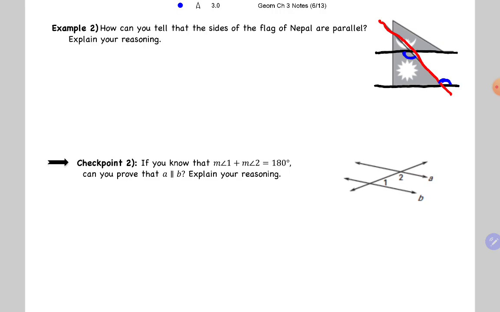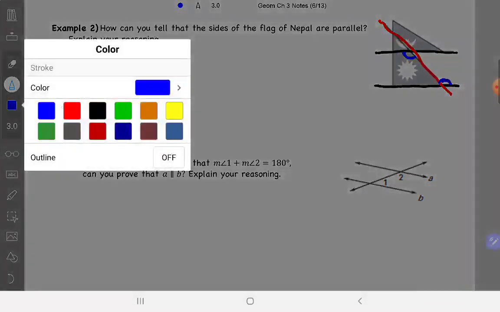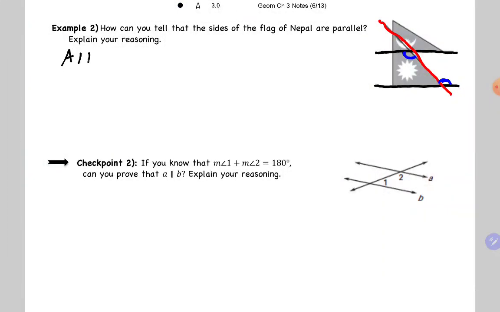So if those two angles are congruent, we can use the alternate interior because they're on the inside, and then they're on the opposite sides of the transversal. So alternate interior angles converse. And remember, the converse says if two lines are cut by a transversal and alternate interior angles are congruent, that means these two lines are parallel.